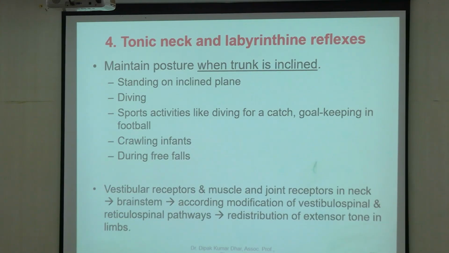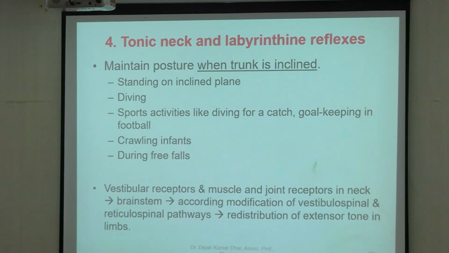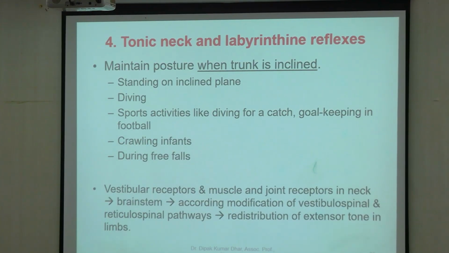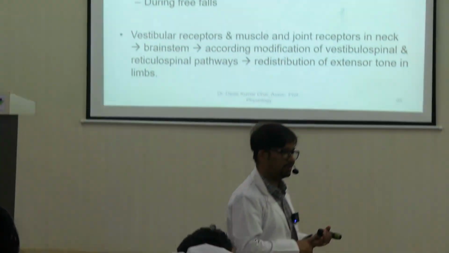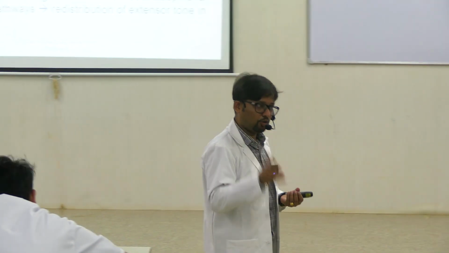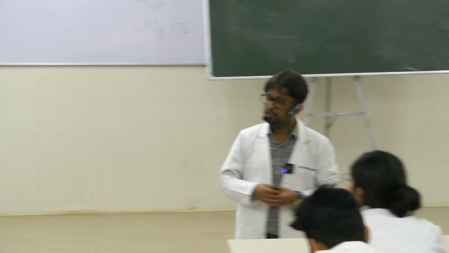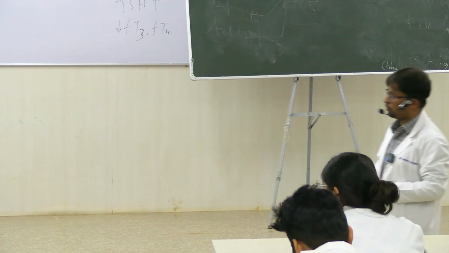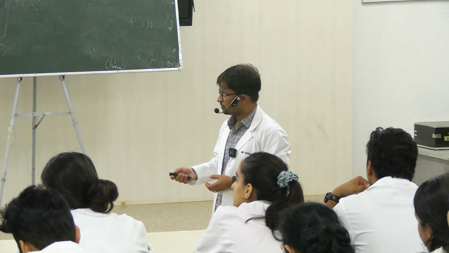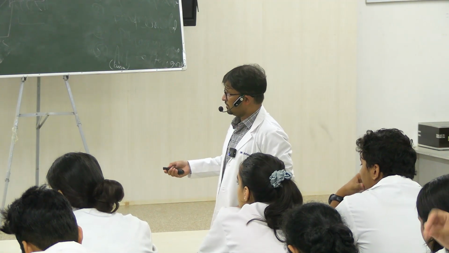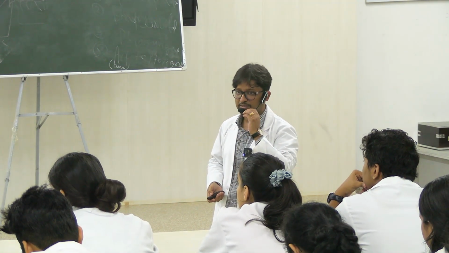So the tone of the required group of muscles will either be increased or decreased. How will this happen? By modifying the activity in the vestibulospinal and reticulospinal tracts. So in all of these situations, these reflexes will work to maintain an erect posture of the head. So there is a redistribution of extensor tone in the limbs.